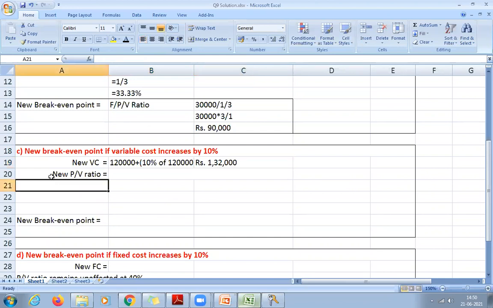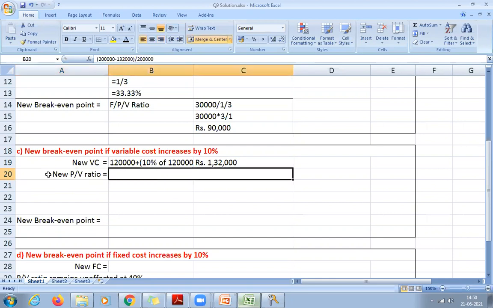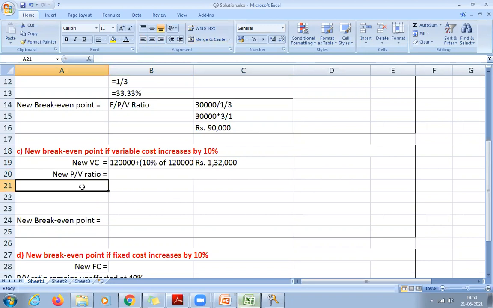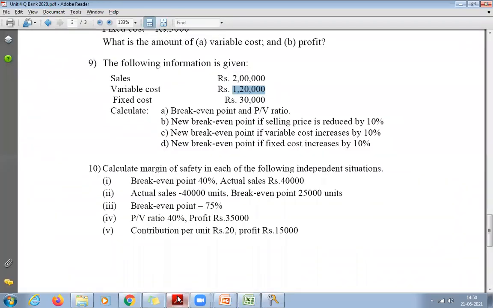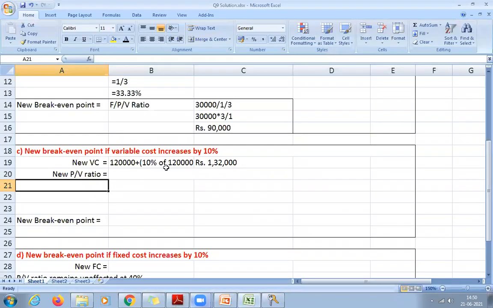So now we have to again calculate PV ratio because variable cost is changing, right? So the PV ratio formula is contribution divided by sales. So again, contribution is changing now, so PV ratio also will be affected. So we have to calculate new PV ratio. That is sales minus variable cost, divided by sales. Sales will be 2 lakhs only, the old sales, minus variable cost, which is now 1.32 lakhs.